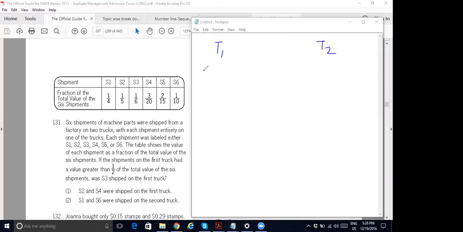We are given that S2 and S4 are on the first truck. S2 represents 1 by 5th of the value, and S4 represents 3 by 20 of the value. That means 1 by 5 plus 3 by 20 is on truck 1. Or we can say 1 by 5 is 4 by 20, so 7 by 20 is already on the truck. Now, is S3 on the truck?